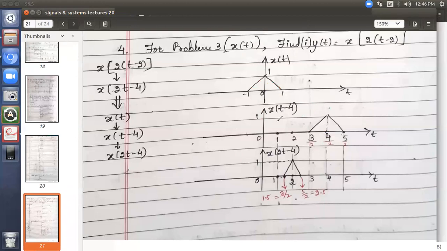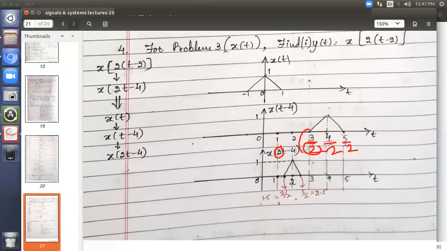In order to do the scaling, as we know that it is multiplied by 2, we have to get the compressed signal. So to get the compressed signal, we should go for division. You can observe here, I have divided the time by 2 because I need the compressed version.